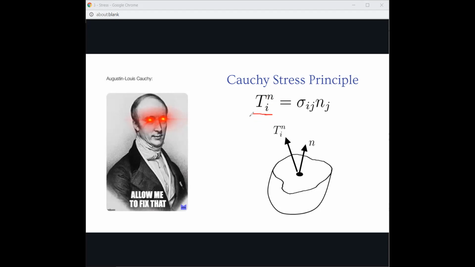The stress vector, okay, at an area defined by the unit normal vector n, okay, is equal to the stress tensor multiplied by the unit normal vector n. Malinaw ito?